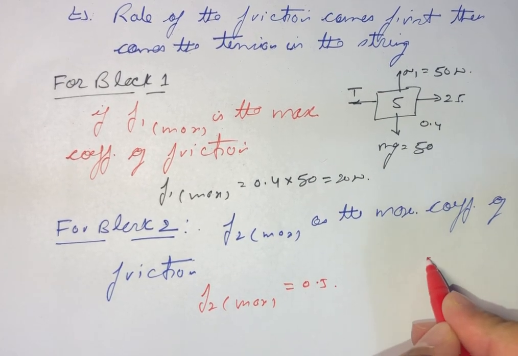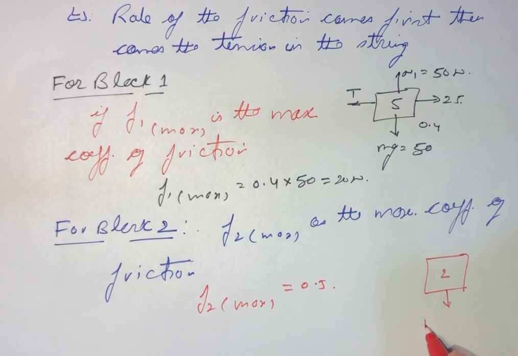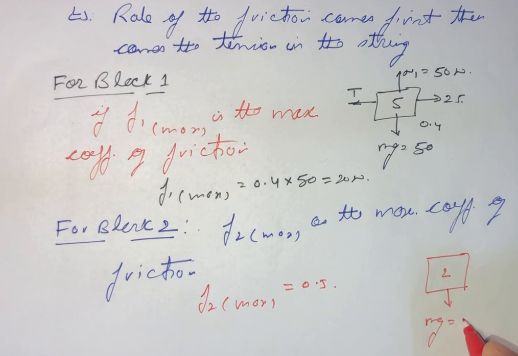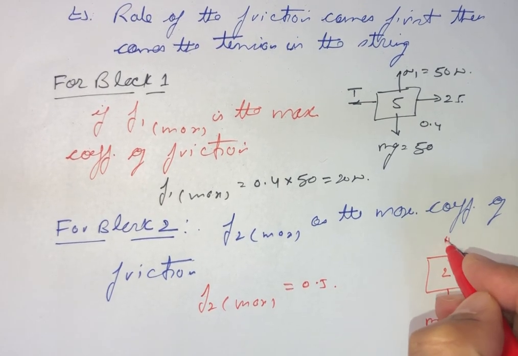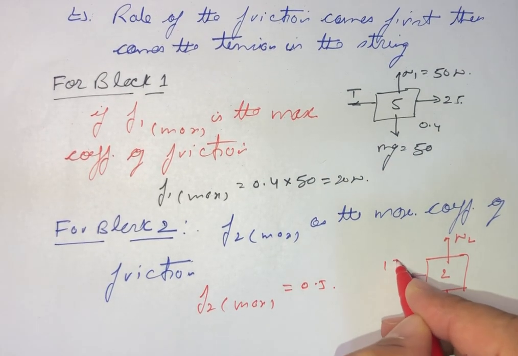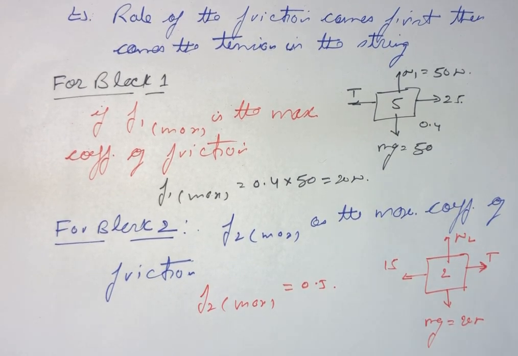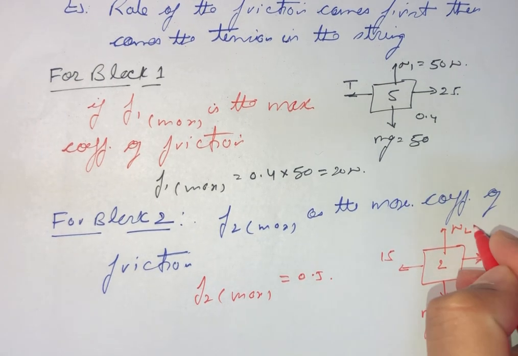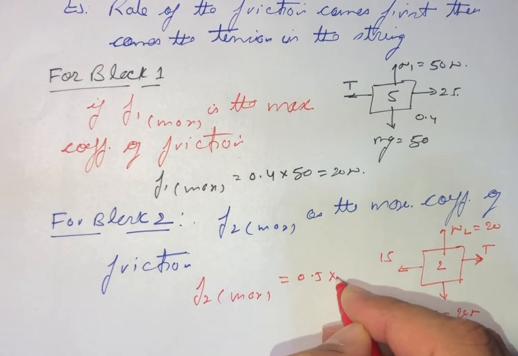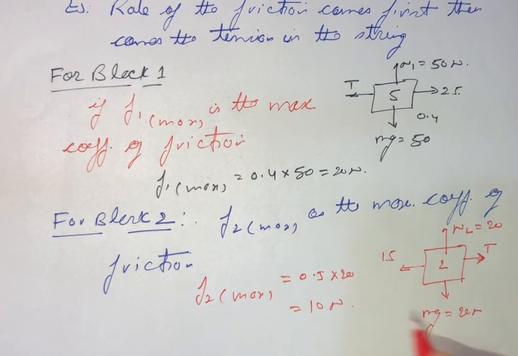Let me draw block 2, which is of 2 kg. So we have mg in the downward direction, that will be 20 Newton, a normal of N2, and the applied force is 15 Newton, and if there is tension then it will be T. So it will be 0.5 into N2, which is nothing but 20 Newton. So F2 max will come as 10 Newton.